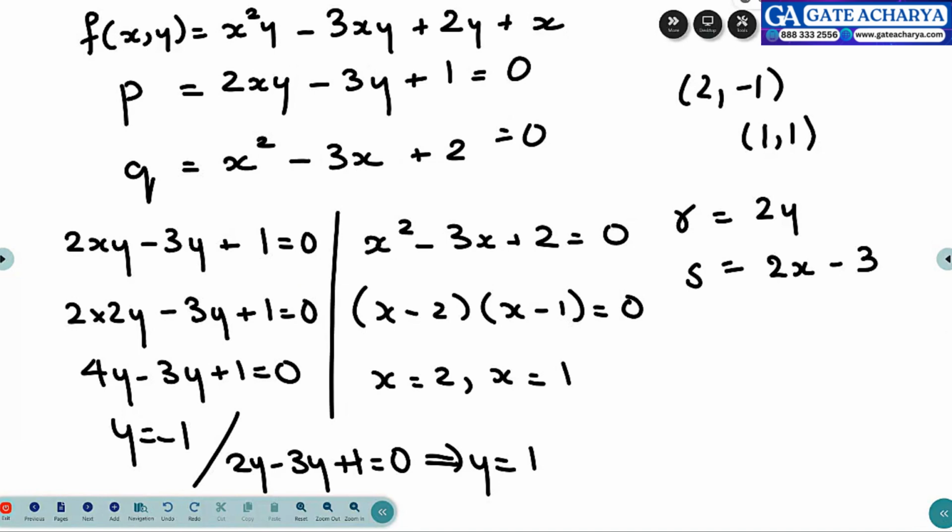So that's how I get 2x minus 3. Now what is t? Dou square u by dou y square. So take dou u by dou y, this one, and take the derivative again with respect to y. So what is that? There is no y function, so what is s square minus rt?